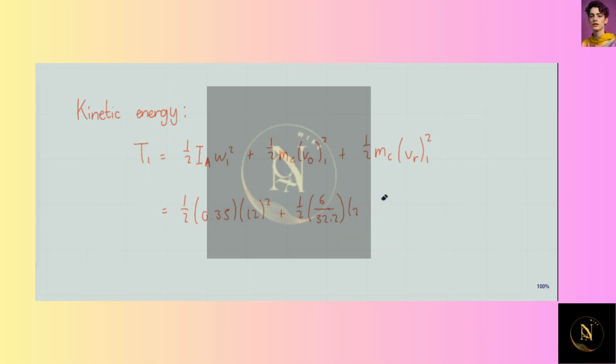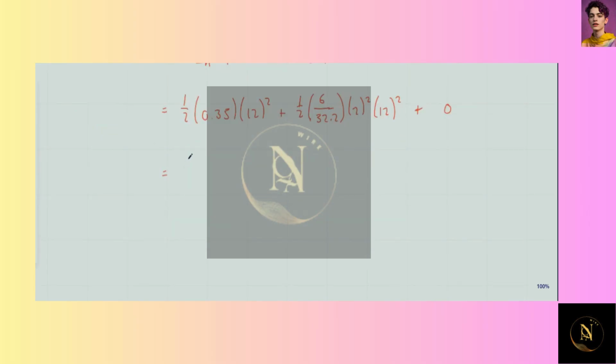That's 2 squared times omega squared, which is 12 all squared, plus 0. So in position 1, V_R is equal to 0. And so this gives us a kinetic energy in position 1 to be 78.865 foot-pounds. So that's our kinetic energy of the system in position 1.